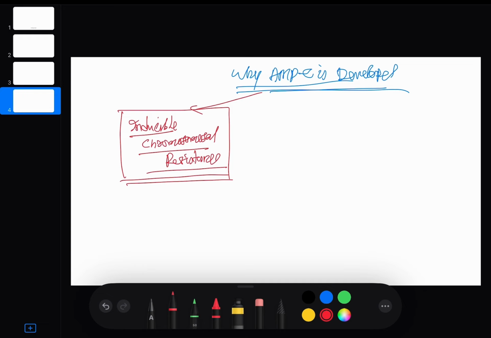Suppose there is antibiotic A. When you give the antibiotic to a patient to kill the bacteria, this yellow one is the bacteria.